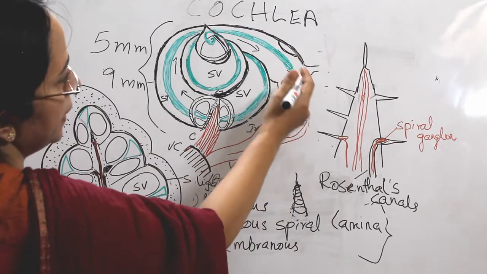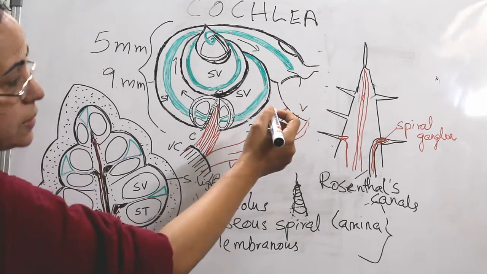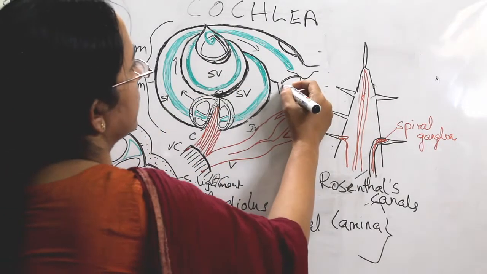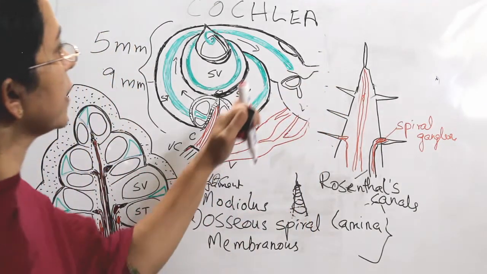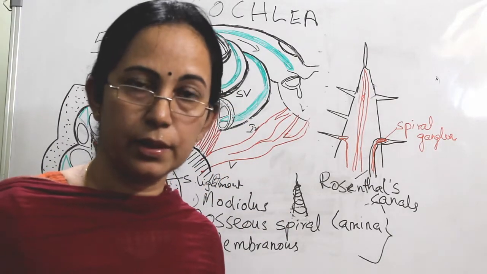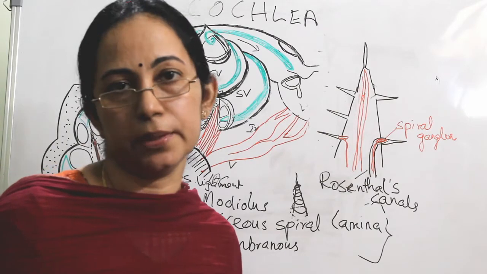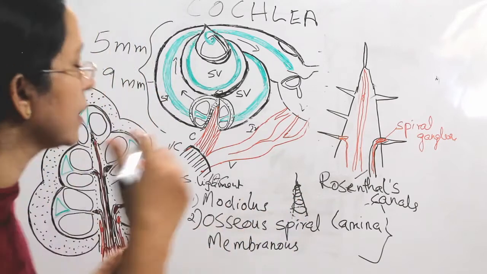This joins the perilymph of the vestibule, where there is the footplate of the stapes at the oval window, and it is closed by the footplate of the stapes. So scala vestibuli is continuous with the vestibule near the oval window, which is closed in life by the footplate of the stapes. And what about the scala tympani?